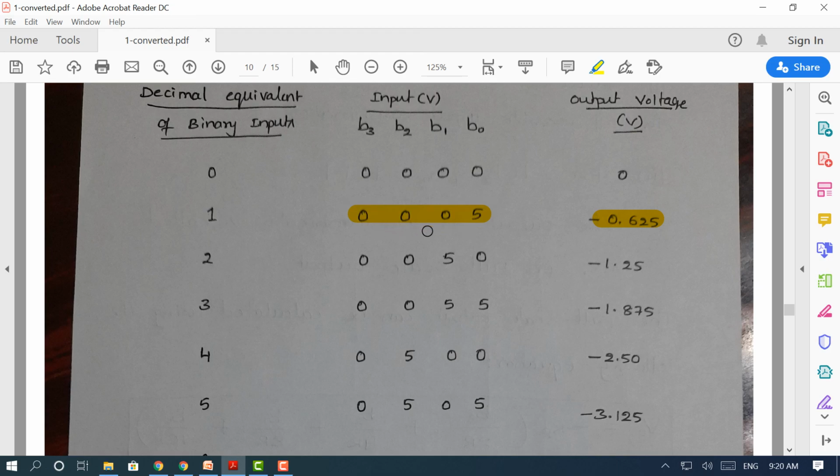For instance, for 0, 0, 0, 5 volts, the analog output voltage is minus 0.625 volts. Likewise, for decimal value 3, binary value 0 0 5 5, the analog voltage is going to be minus 1.875 volts.